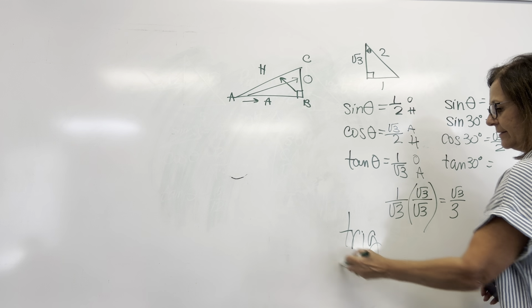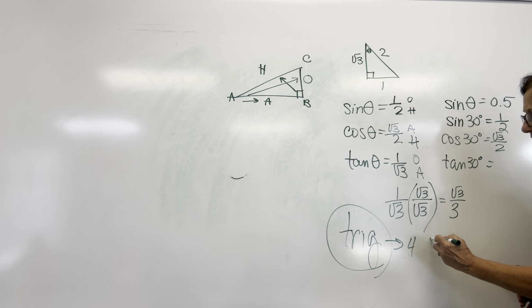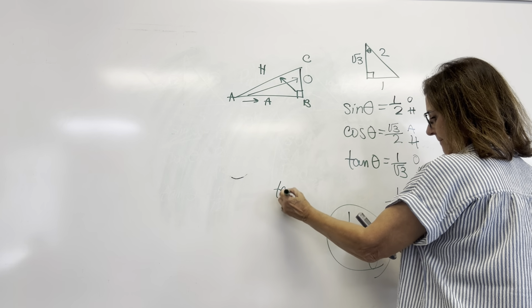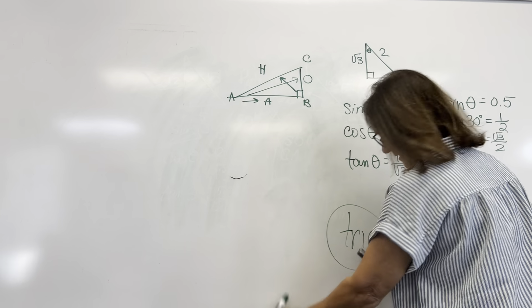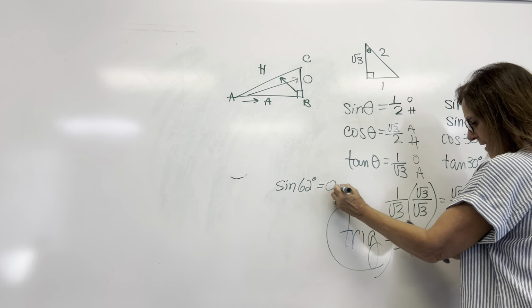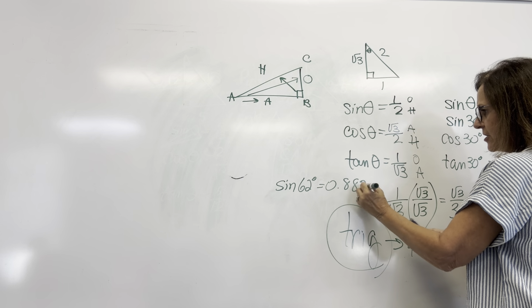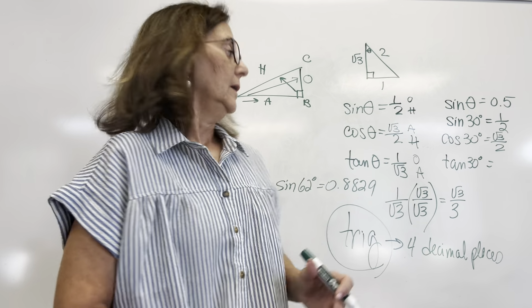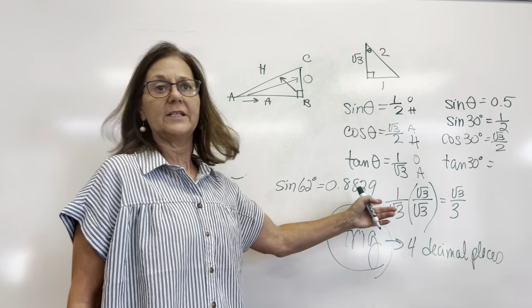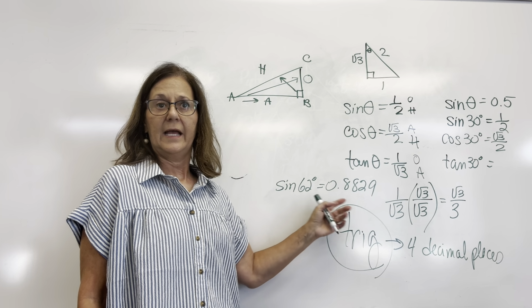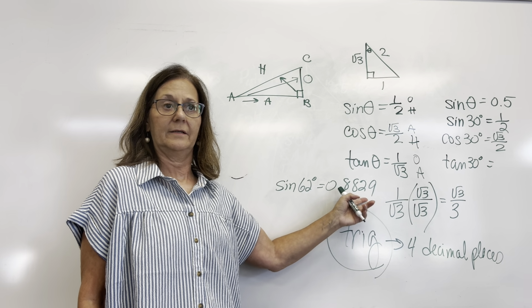Because we're in trig, everybody listen, we always go to 4 decimal places. So the sine of 62 degrees, I'm writing 0.8829. You always have 1 digit to the left of the decimal place and 4 digits to the right of the decimal place.